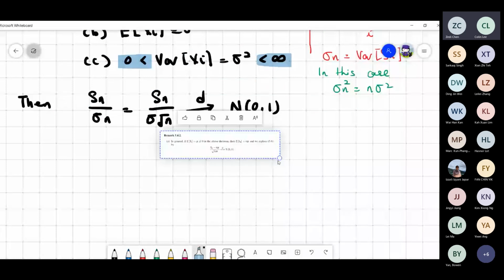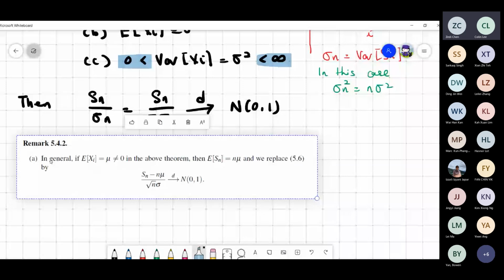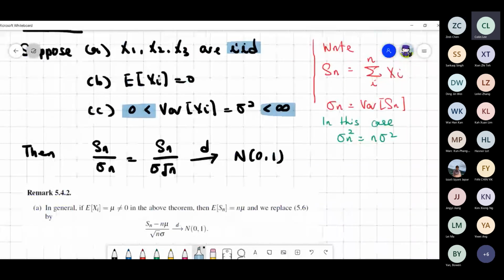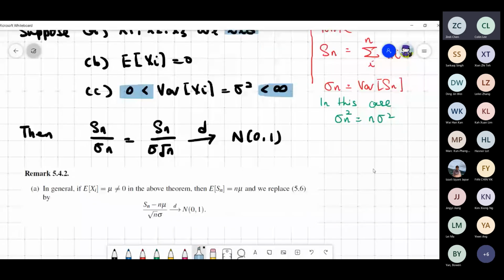As I said, the second condition B, E of xi is 0, is not necessary. We put it there just to simplify our formula. In general, if E of xi is not 0, then the mean for Sn will be n mu, so we may replace the formula with this. That means we just add an extra term over here.